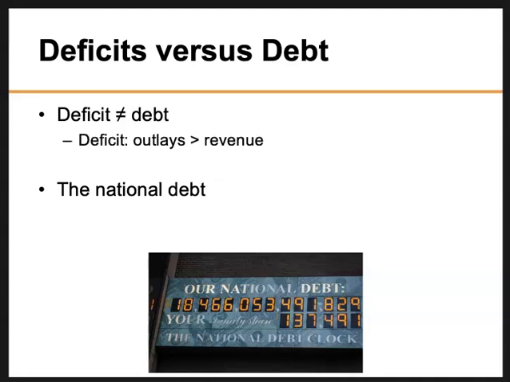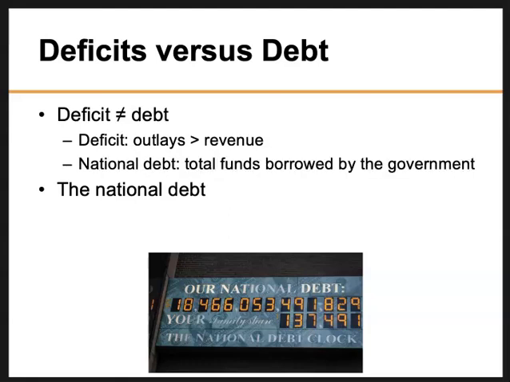So deficit means year by year when outlays are greater than revenue, but the debt is the total funds borrowed by the government. Okay, so we have the national debt, public debt, and private debt.